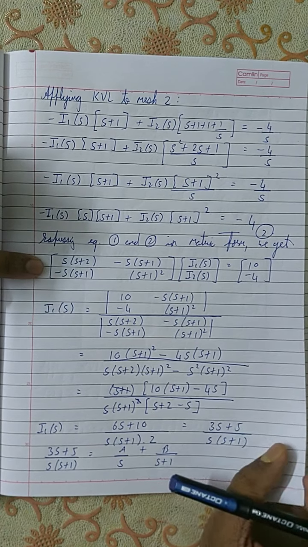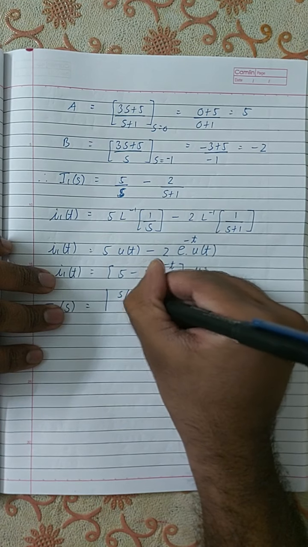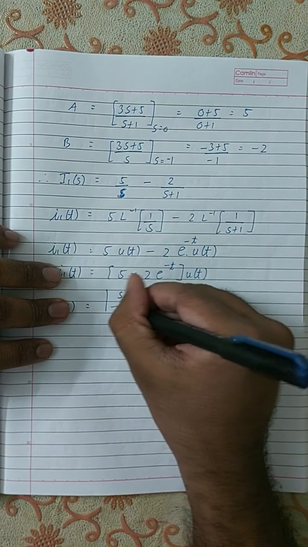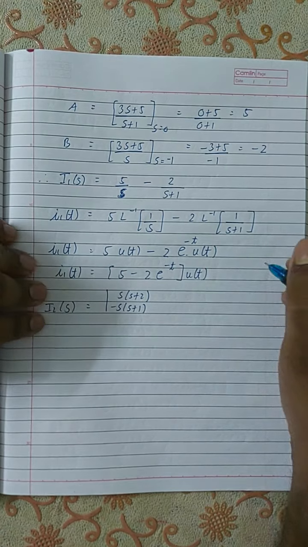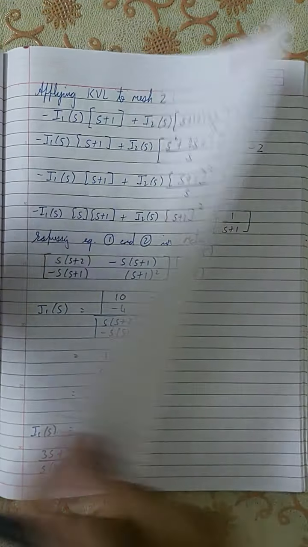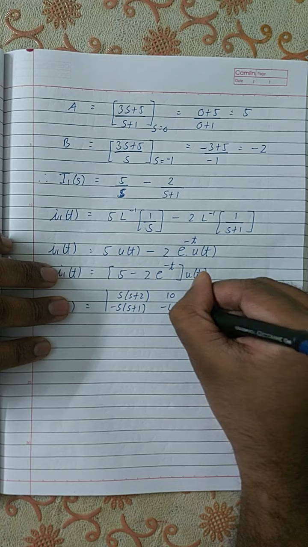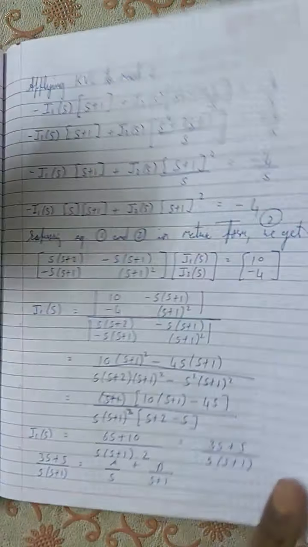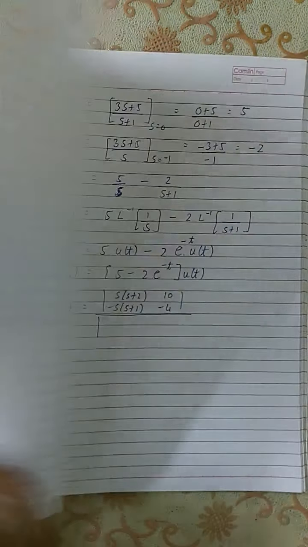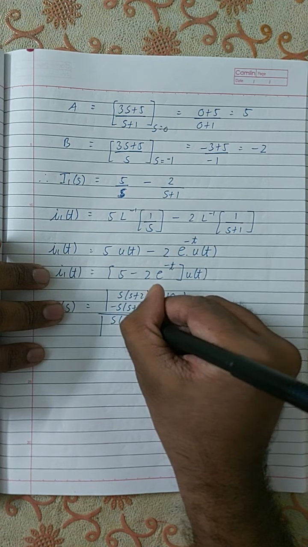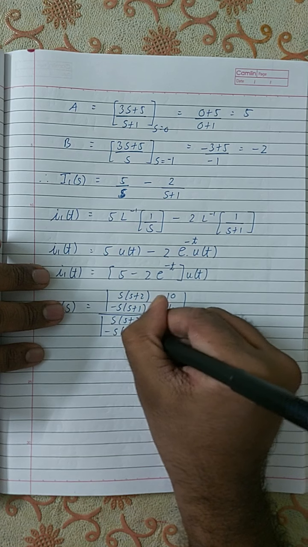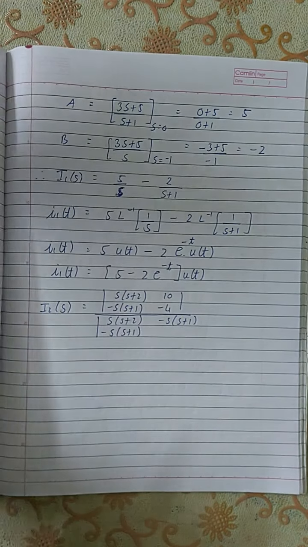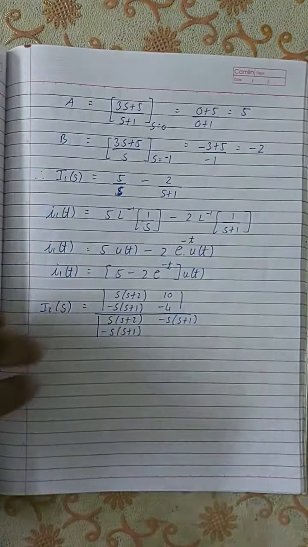The first column will be the same, which is s into s plus 2, and here it is minus s into s plus 1, and here it will become 10 and minus 4, by the denominator, which will be the same as this itself: s into s plus 2, minus s into s plus 1, minus s into s plus 1, and here it is s plus 1 the whole square.